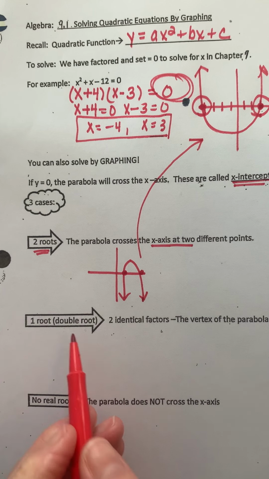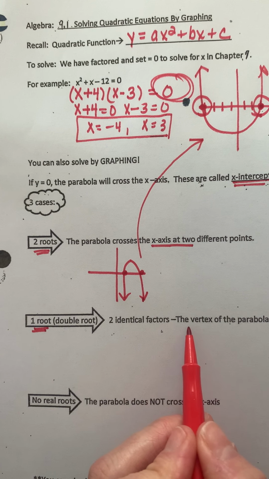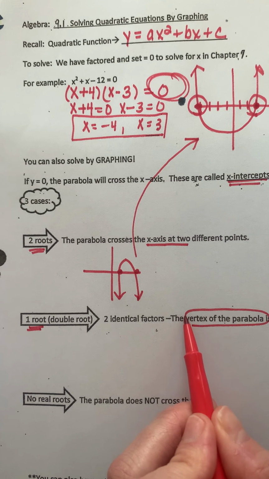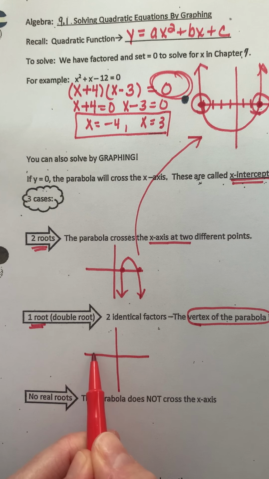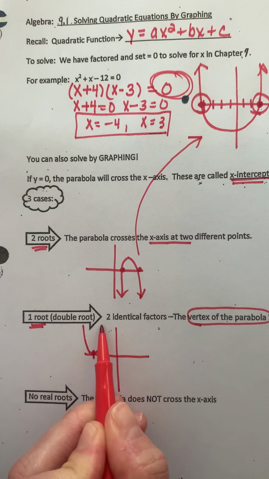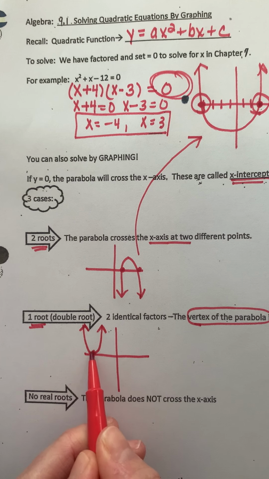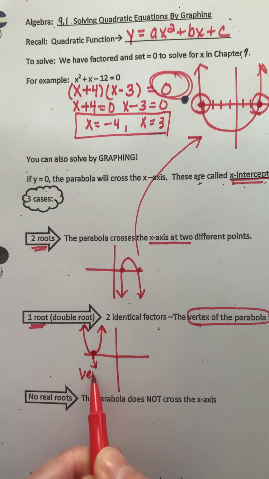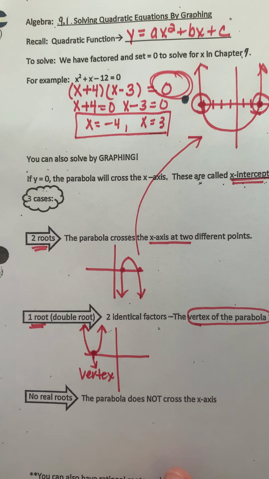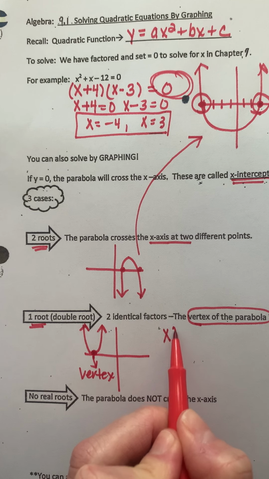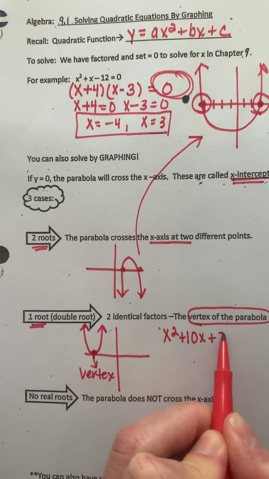The second option is when you have only 1 root, which just means that the vertex is on the x-axis. So if you had something like this, and the vertex is right here, that's your vertex, you're only going to have 1 root. It's also called a double root, which seems weird, but this happens when you have something like x squared, this.